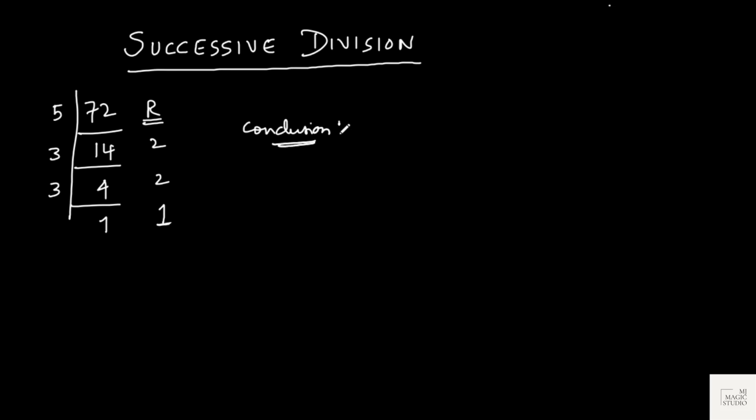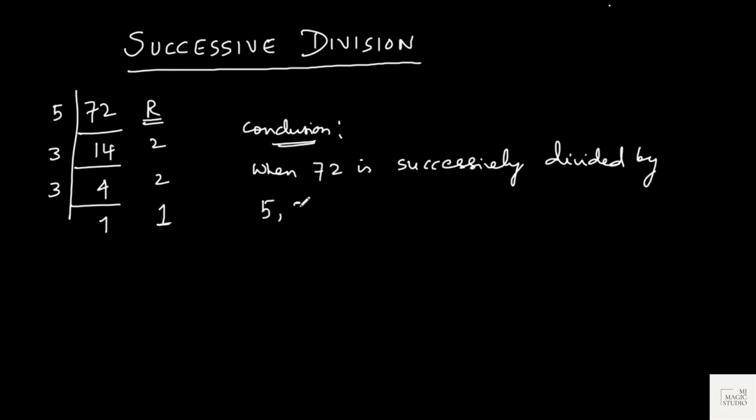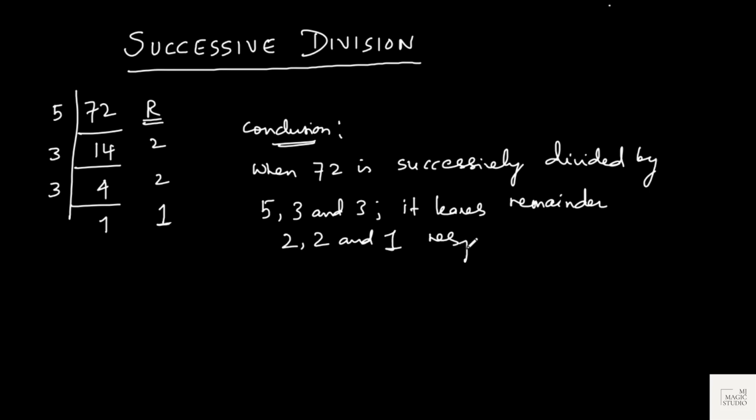So what we can conclude is that when 72 is successively divided by 5, 3 and 3, it leaves remainder 2, 2 and 1 respectively.